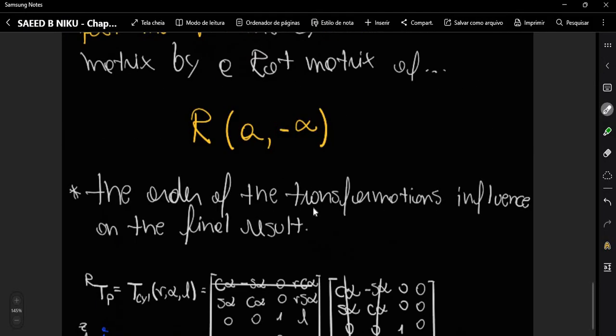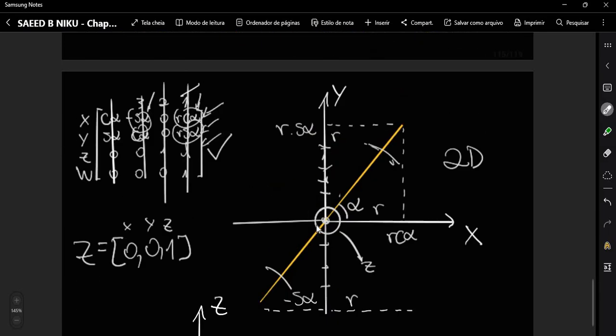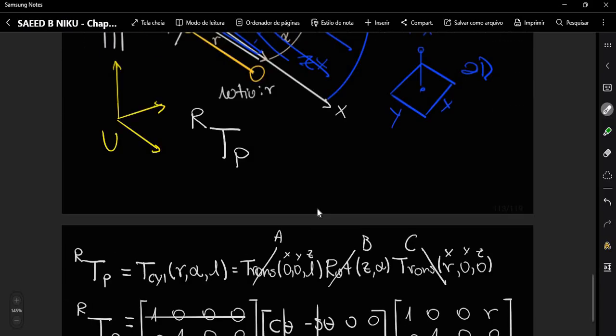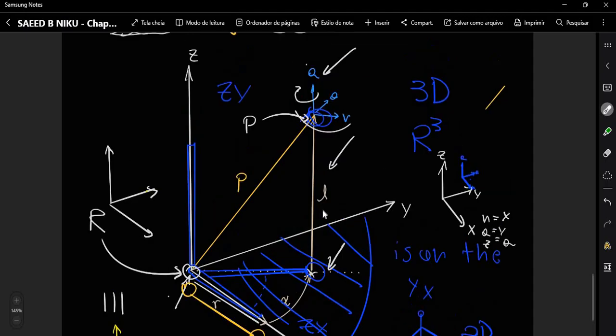So the rotation is the only transformation that has the ability to change the orientation of the robot. If we are doing transformations of translation, whether along an axis or outside it but pointing in the same direction, it won't change the orientation, just the position.